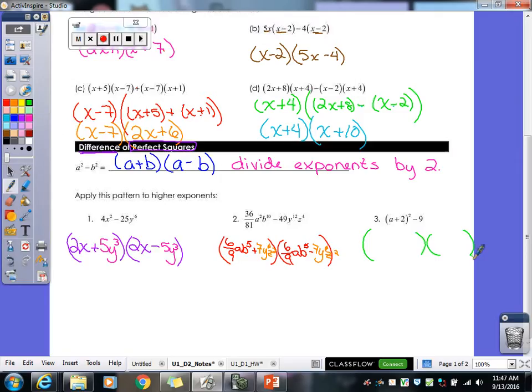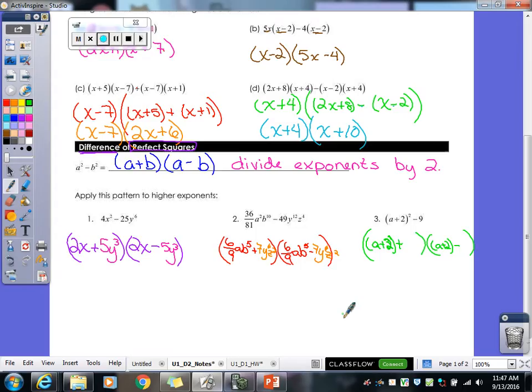Now third one, that's still an example of your dots problems. This is a perfect square because it's got that exponent on there, and then 9 is a perfect square. So when we factor these, we would have a plus 2 and then a plus 2 are your first terms. Because remember, if anything's squared, that means you just write it twice.